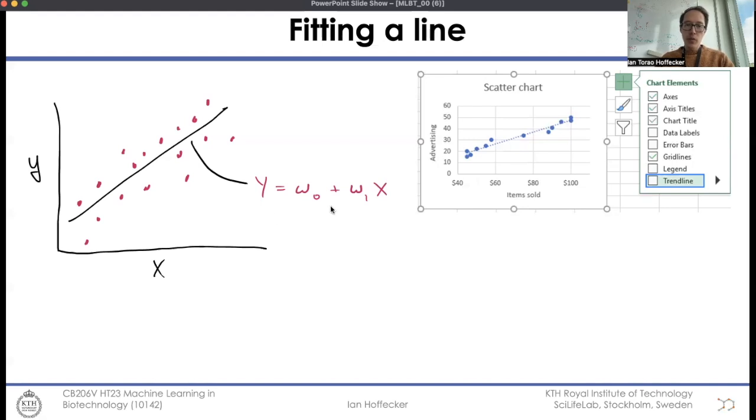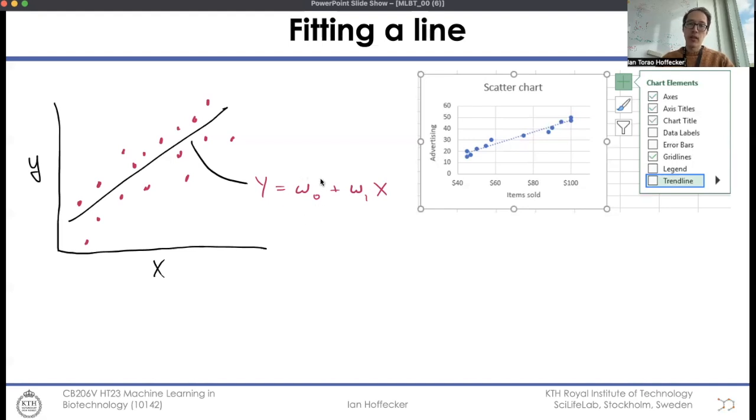What we're usually working with is some scatter data, and we're interested in finding the equation of the line that best fits that data. This equation would usually have the form y is equal to some intercept, the point where the line intercepts the y-axis, plus the x variable, the horizontal axis, times some slope. We're going to use this notation, these w's, because of the machine learning convention.